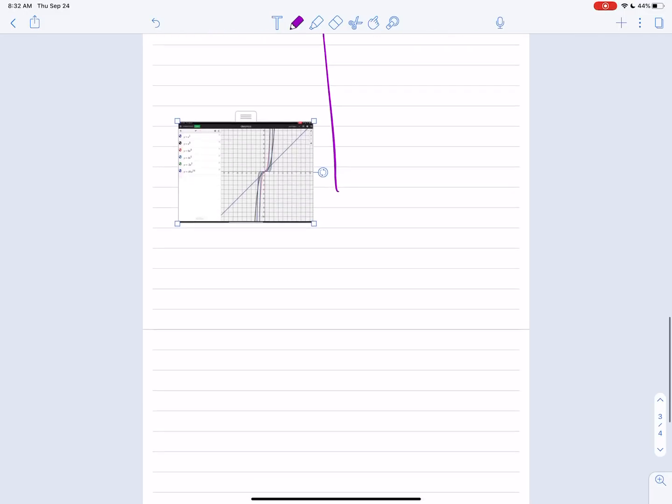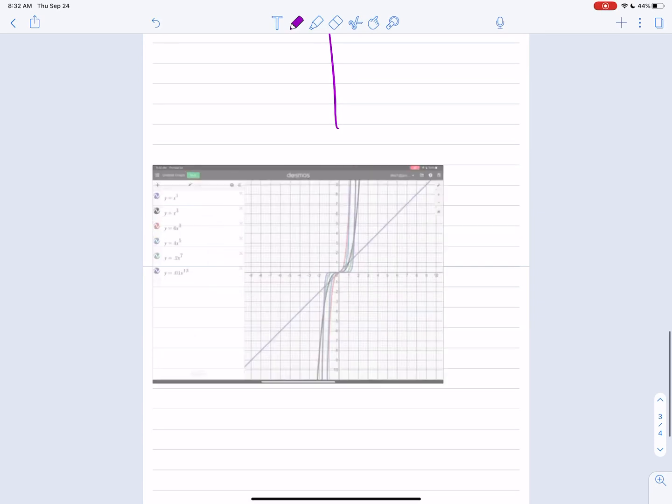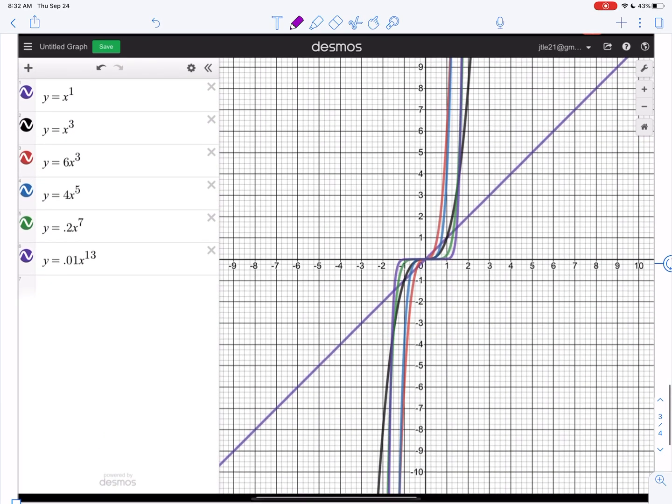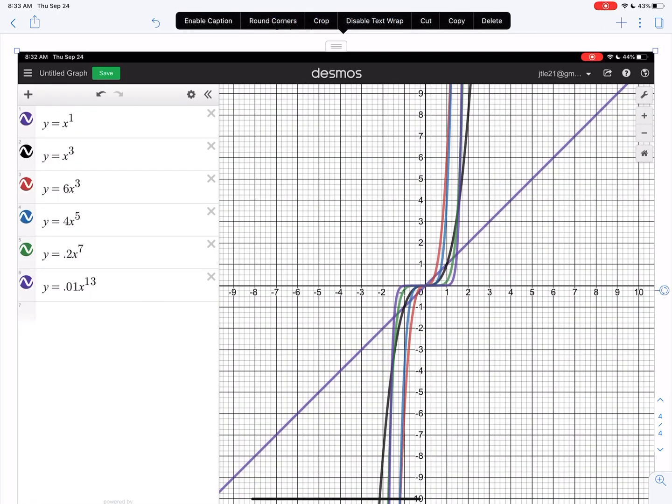Take a look here as I expand it. If you pick any graph, any one of these graphs, so y equals x, x to the third, 6x to the third, 4x to the fifth, x to the seventh, x to the 13th, pick any of those graphs.